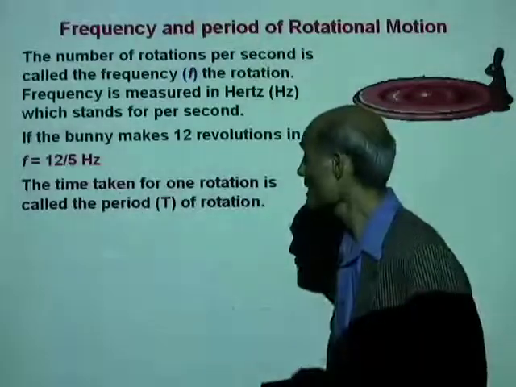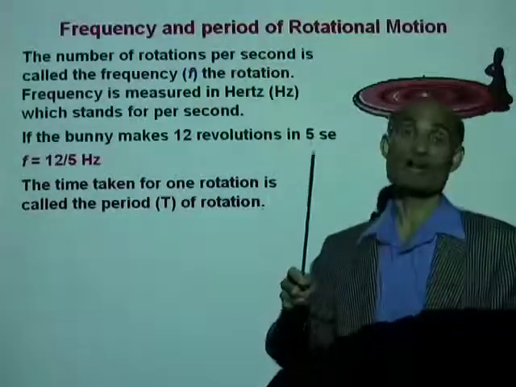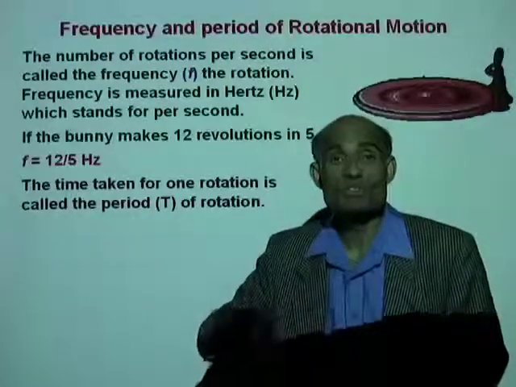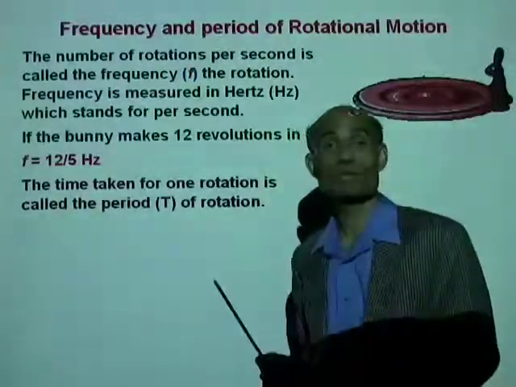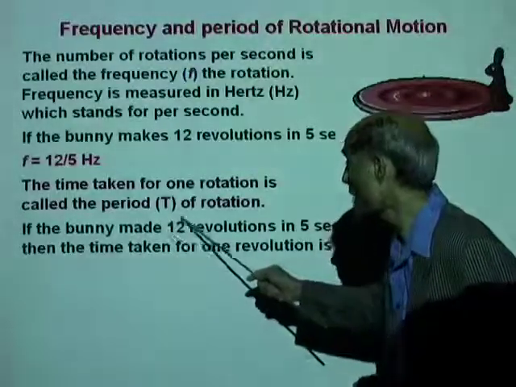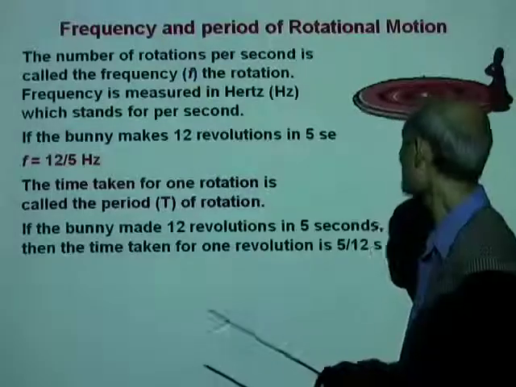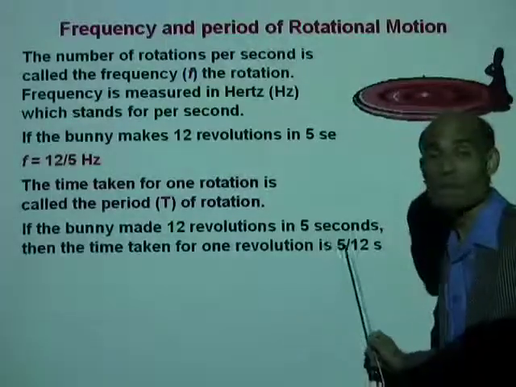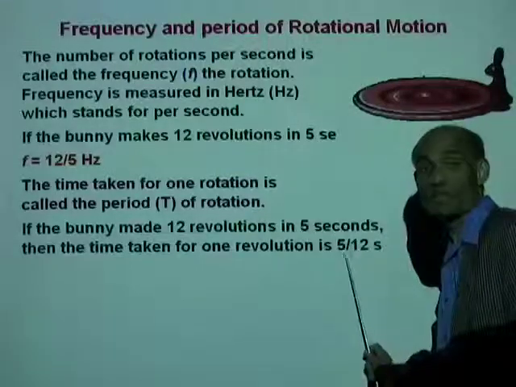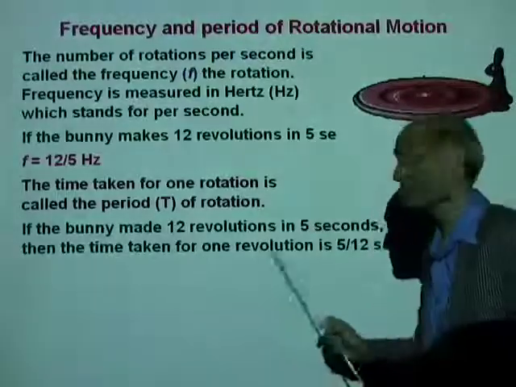And the time taken for the bunny to go around once, or the time taken by any rotating object to go around once, is called the period. So, if the bunny makes 12 revolutions in 5 seconds, then what is the period? The time taken for one revolution is the time taken for 12 revolutions divided by 12.